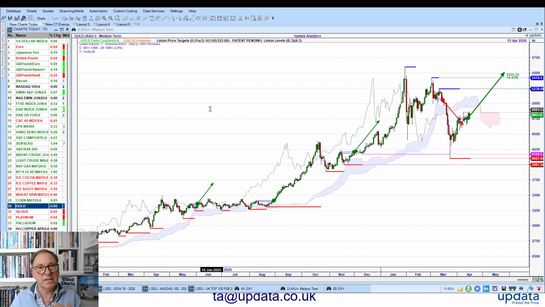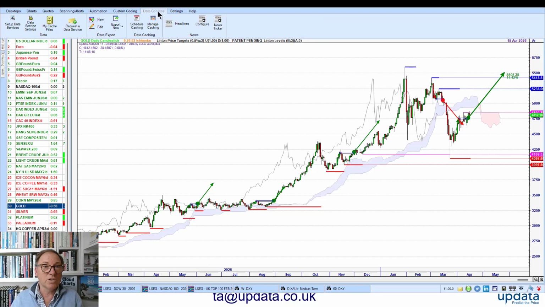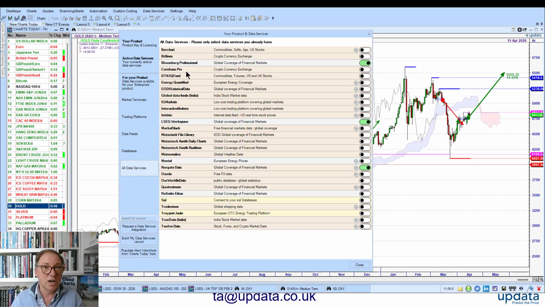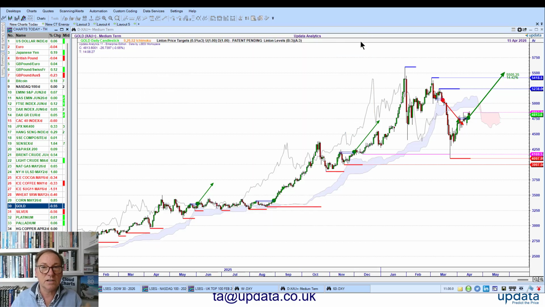And the key thing is we have much more flexibility here with our control of the code with our own programming team. And of course, you can run Updata on dozens of different data services. So I'm running here on Bloomberg and on LSEG Workspace and Montel, and you can be running on lots of different data services. But also, they're being rolled out onto other platforms.